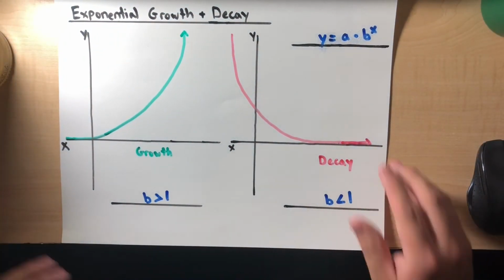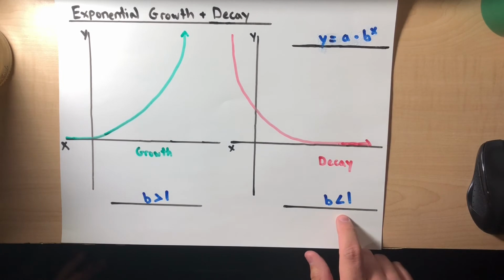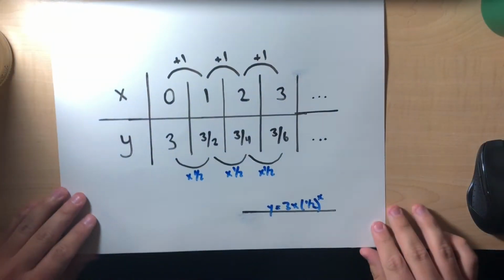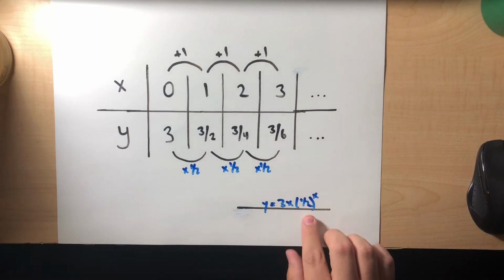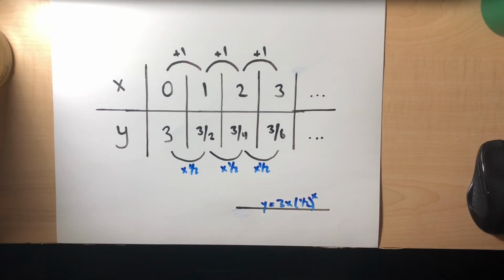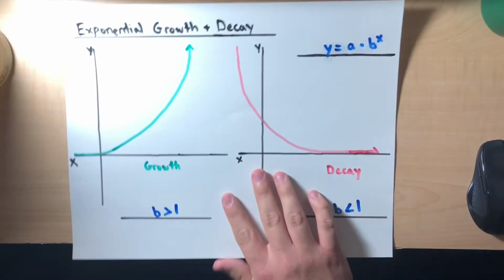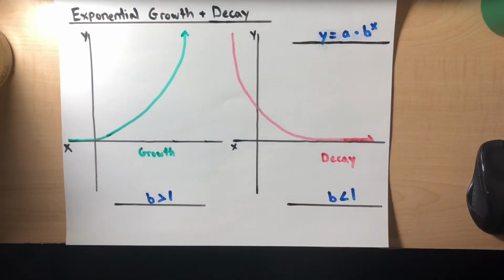With decay, the b value needs to be less than 1, as you see here. Using the example we used previously, you can see that the b value in this equation is 1/2, again, less than 1, so it works. With this, you can quickly identify which is which just by looking at the number or by reading a word problem and figuring out what your exponents are, which values you're looking at, and just plug them into the formula.